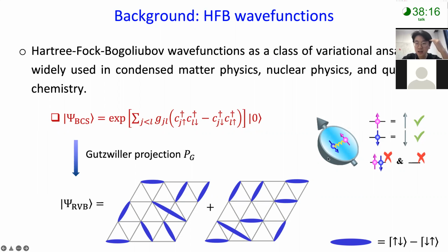Then at each site, we have 4 local states before projection. So we have a vacuum state, the holon, and spin up, spin down states, and a doubly occupied state, the doublon. And the Gutzwiller projection means we only keep these two singly occupied states. Then essentially we can obtain a spin-half many-body wave function from the BCS state.